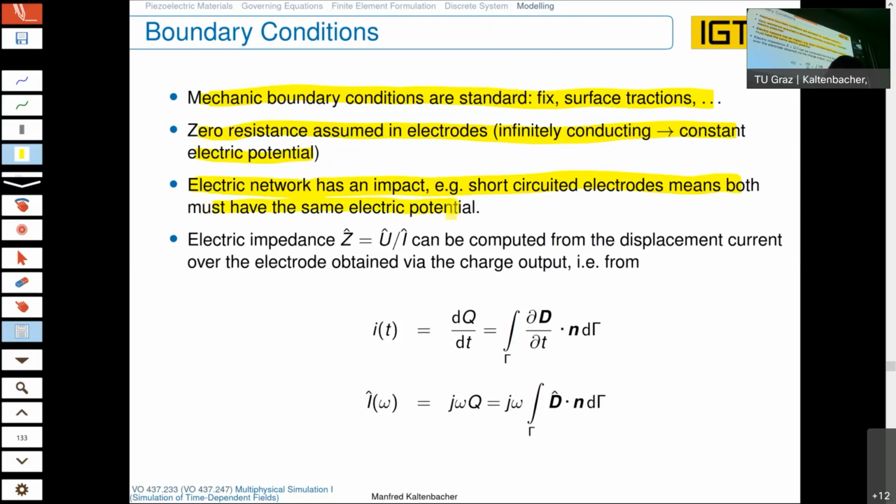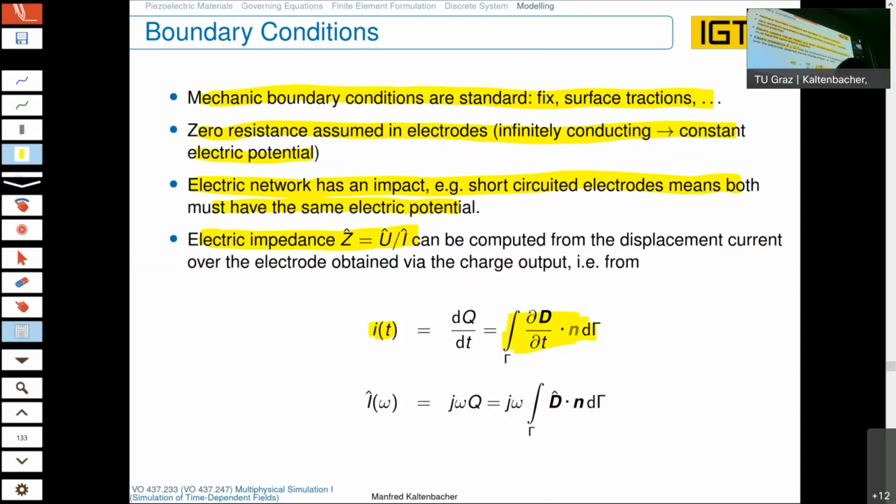And one of the important values then in a post-processing step is the electric impedance, which can be simply computed, as we know, as voltage over current. The current is the total change in time of the charges, and that is computed out here by the dielectric displacement D.